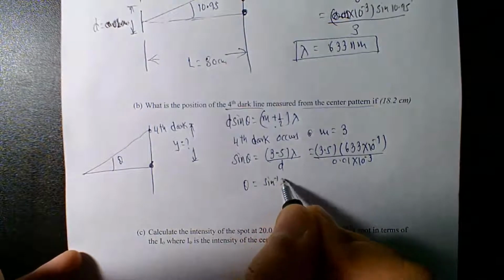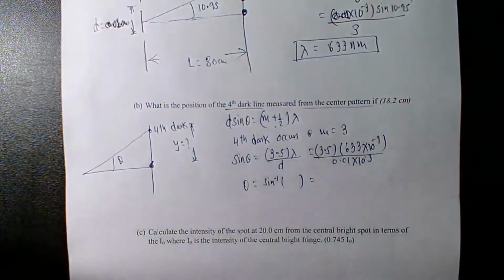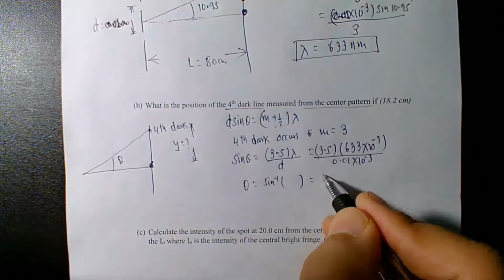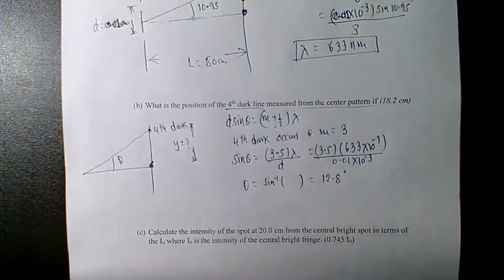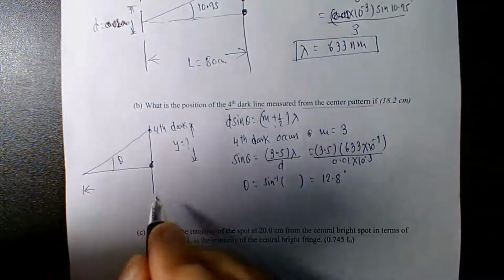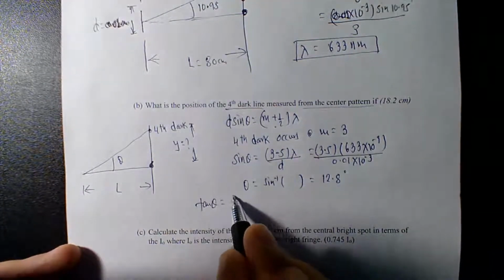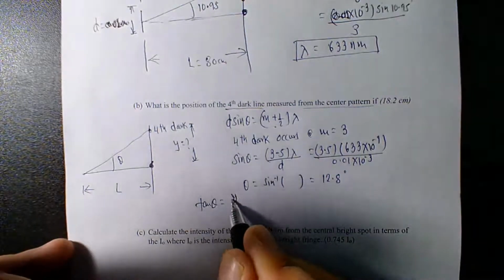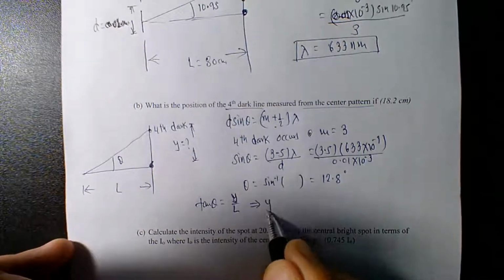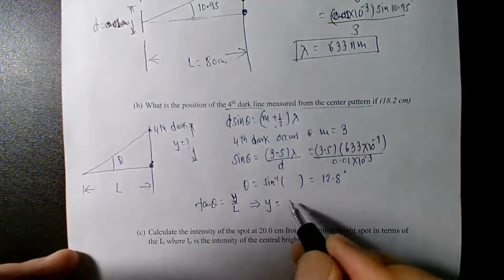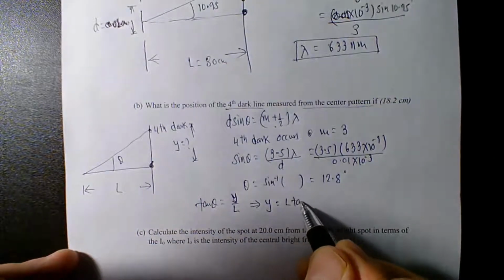Take the inverse sine of 3.5 times 633 nanometers divided by 0.1 millimeter. It's going to be 12.8 degrees. Since the double slit to screen distance is given, tan theta is y over L. So the lateral distance of the fourth dark from the center is L tan theta.